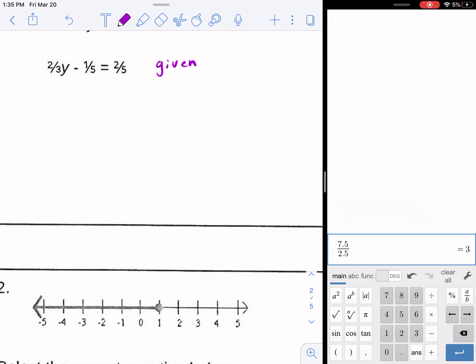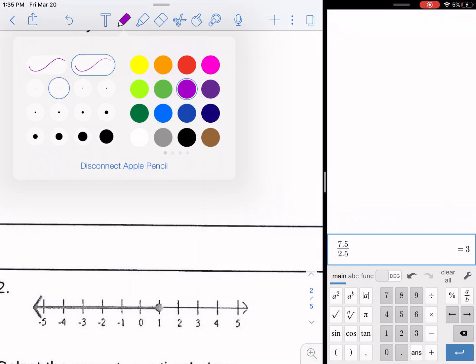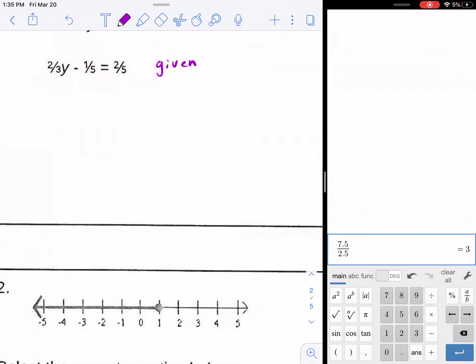Okay, so I want to start moving things away from y. So this right here is standing in the way. And I know this might be a little bit new to us because I don't think in our situation we did too many of these, but that's okay. How do I get that minus 1/5 to go away? Well, it looks like I'm going to have to add 1/5 to both sides.